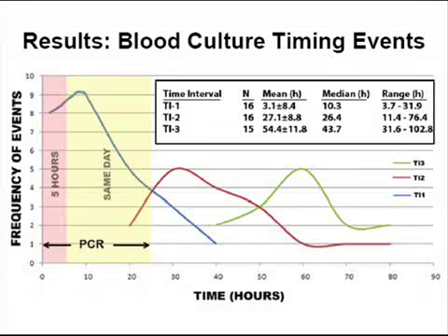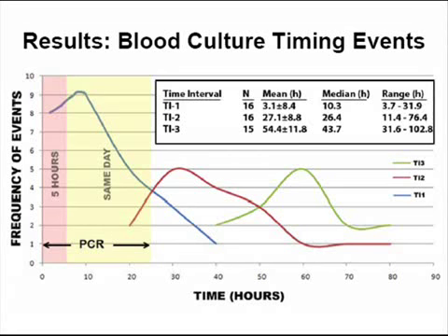This is quite useful, as you can see here, where the PCR component of Septifast allows for same-day testing in this colored region. In contrast, the blue, red, and green curves are the actual temporal distribution of 3 different blood culture timing events. The blue shows the time from blood draw to speciation results.